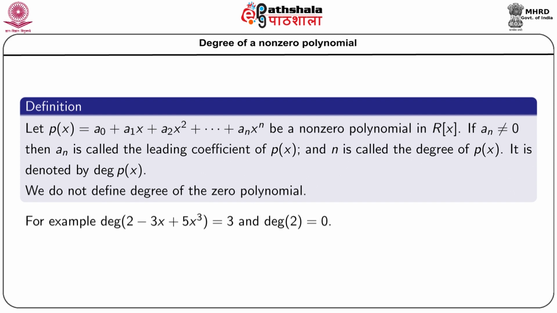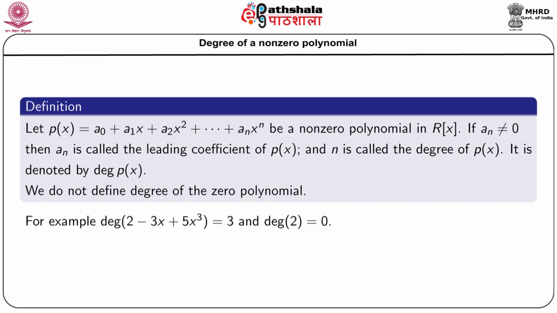The speciality of n as the degree of this polynomial p(x) is that n is the largest non-negative integer such that a_n is non-zero. Since in the case of the zero polynomial we have no non-zero coefficient a_i, we do not define the degree of the zero polynomial.